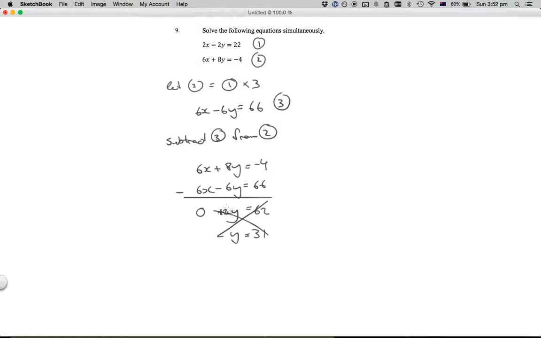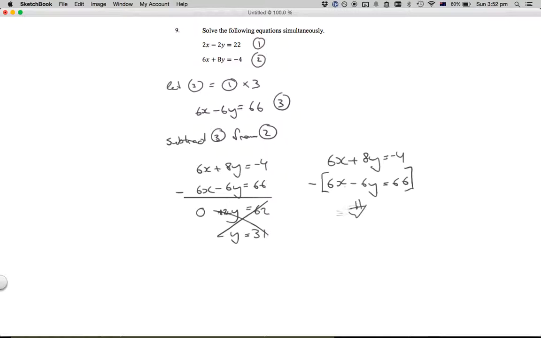Ba-bong. What we had to do was take away the whole of this. So what we need to do was say 6x plus 8y equals negative 4. And this is an easy mistake to make. It's pretty understandable. But what we need to do is, instead of just taking away the first term, use brackets and take away this whole thing.